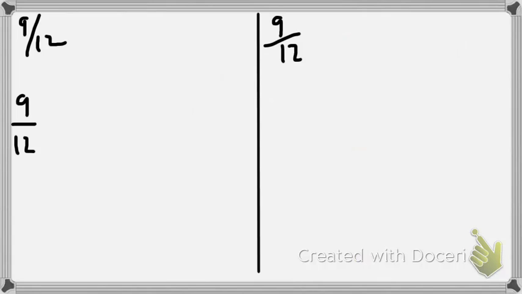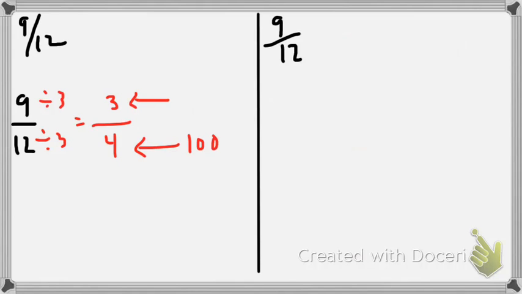Here we have 9/12. We're going to change this to a percent. Now you can reduce it. You get 3/4, which is a fraction that they should know by heart equals 75%. Because if you have 4/4 to make $1, that's 100.